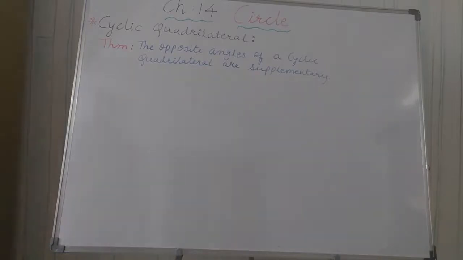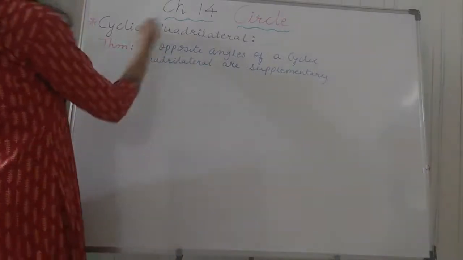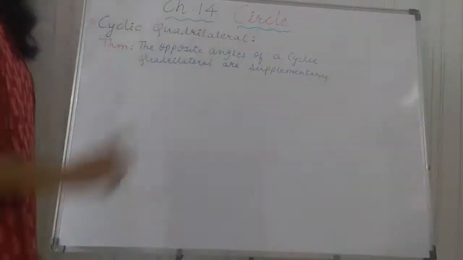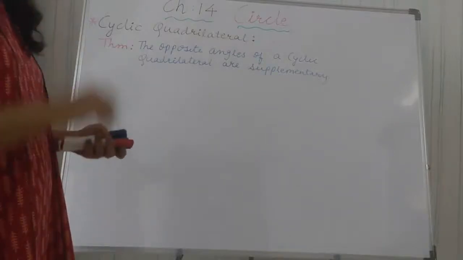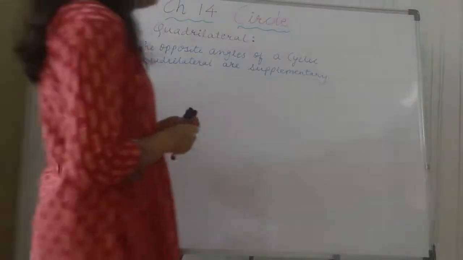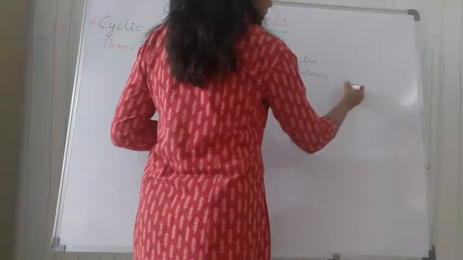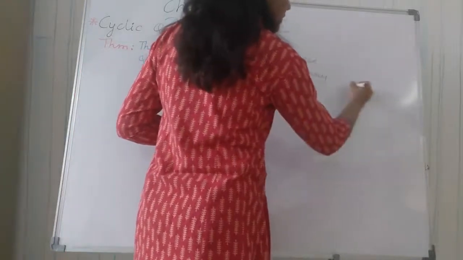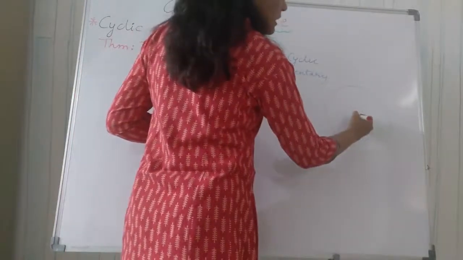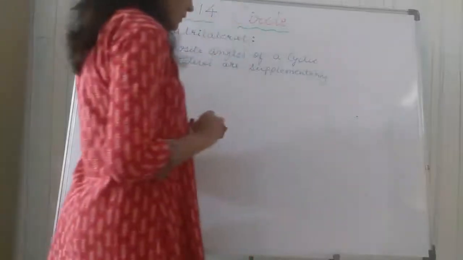Now students, first of all we learn about the cyclic quadrilateral. I am explaining what a cyclic quadrilateral is here with the help of a figure. So I am drawing a figure here. You see, this is the circle I have drawn. This is the center of the circle.